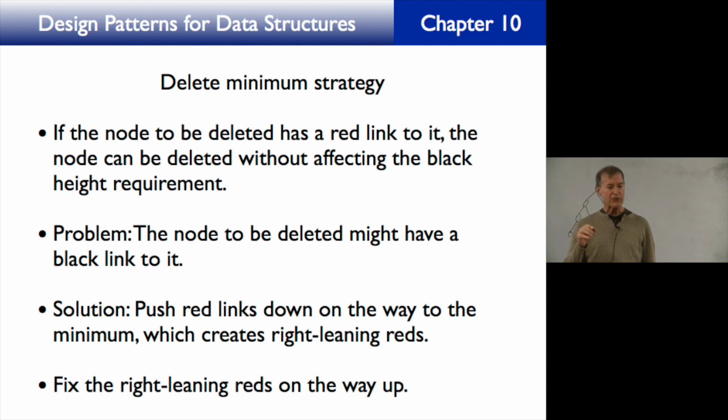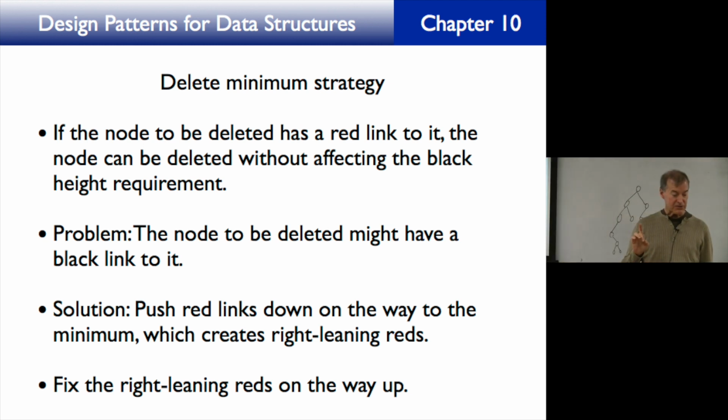So if we try to delete the minimum and the minimum has a red parent link, we can just delete it and not have to worry about changing the black height. The problem is the node to be deleted might have a black link to it.